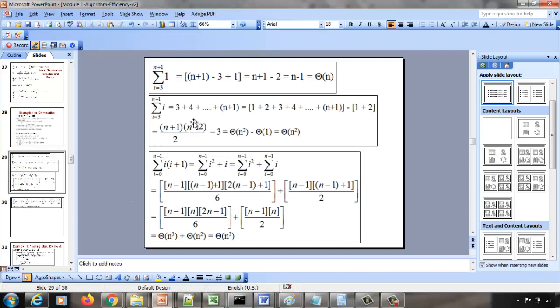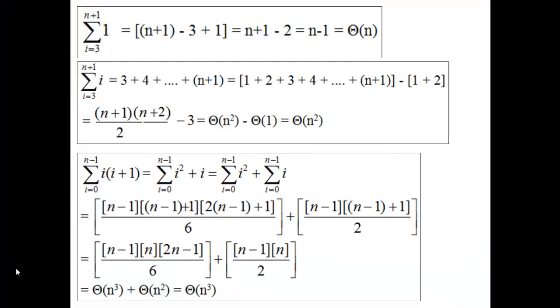So n plus 1 times n plus 2 over 2 minus this 1 plus 2, which is 3. Now you could spend time to really simplify the math here and get a final expression, but for this course purpose you don't really need to do such things. Once you get it into this format, we can right away use the theta notation.